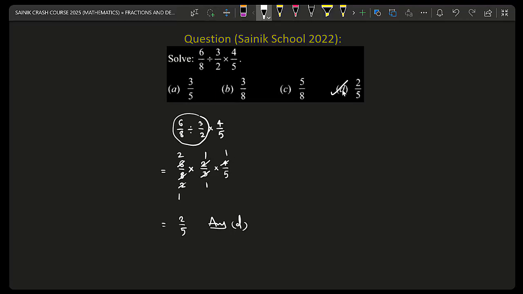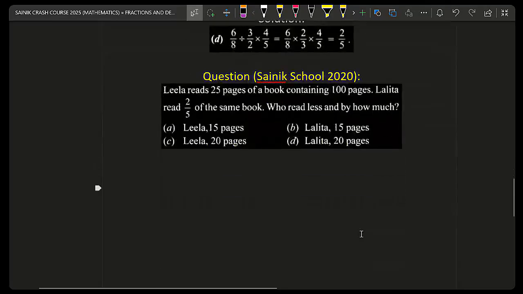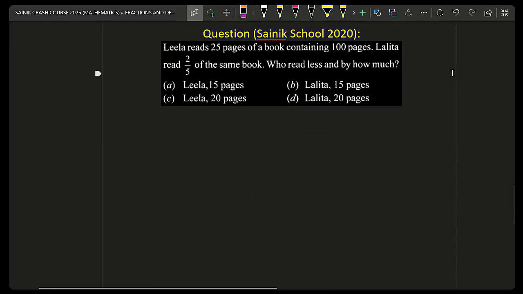I hope everybody copied this, and we go to the next question. Next question is this. This question came in the 2020 paper.